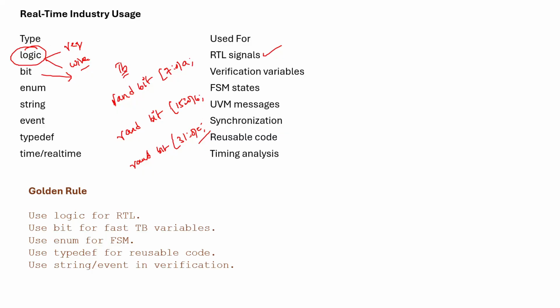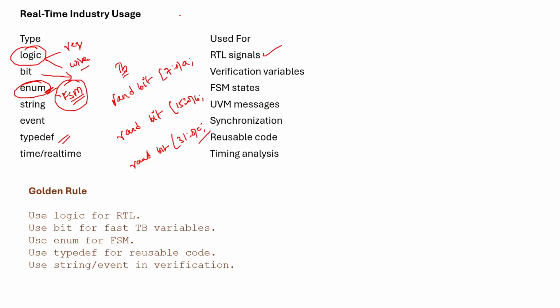Most of the time, enum and typedef. If you want to reuse code, or for FSMs, finite state machines, at that time I utilize enum. Most of the time we go for enum in finite state machines. Whatever finite state machines we have, those states are all represented.